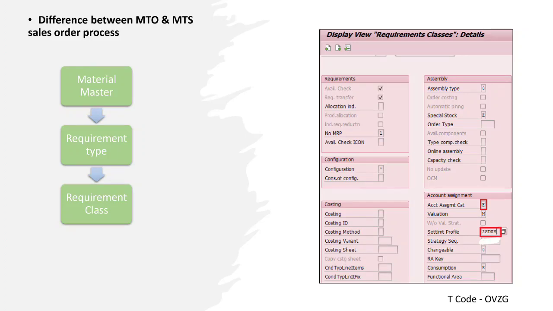In the requirement class, we do all the necessary configuration through which the system allows the COPA document to be posted from transaction V88 instead of billing. Here we have consumption field E, which means accounting via sales order.